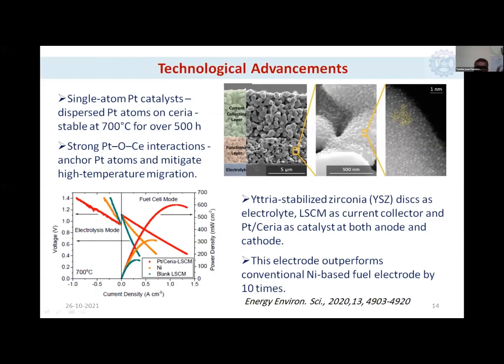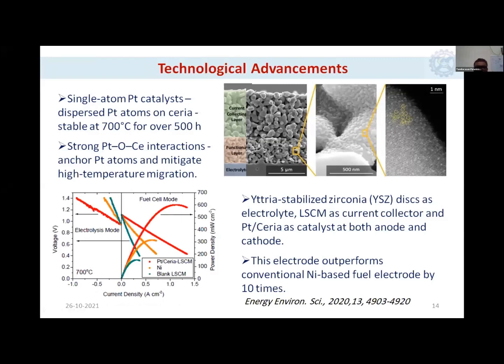All these things are porous in nature, because you will supply gas here, and it should pass all the way through and reach this three-phase boundary. Okay, the electrolyte, catalyst, and the gas. This three-phase boundary should be created. So you need a very porous catalyst and current collector layer.